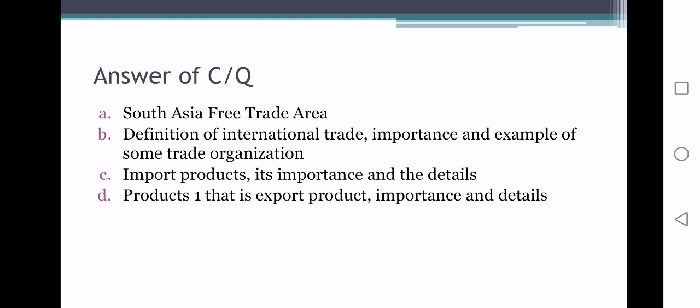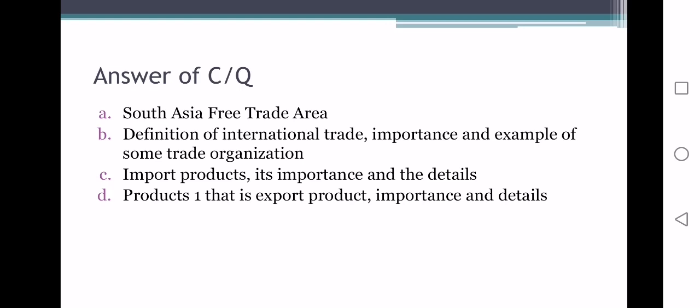That will be considered your knowledge-based question, so you'll be given marks. Then in the second paragraph you have to write the importance of import products that you will find in your lesson 3 under the import products heading, and you have to write the details with the conclusion. That may answer question number C.